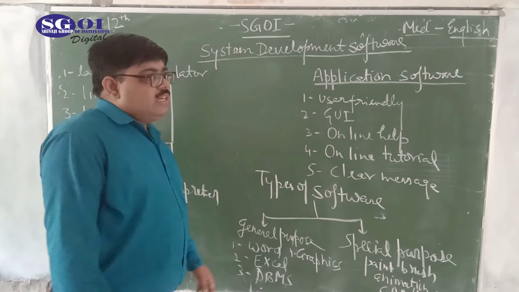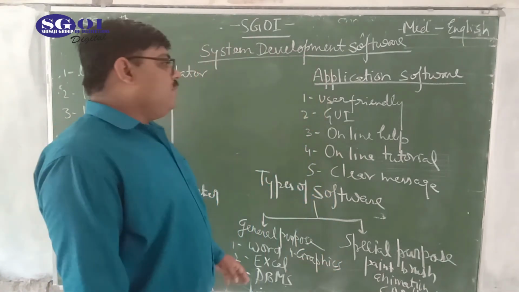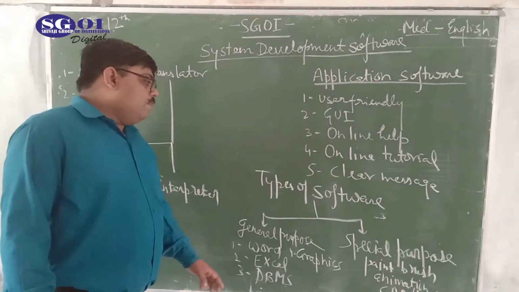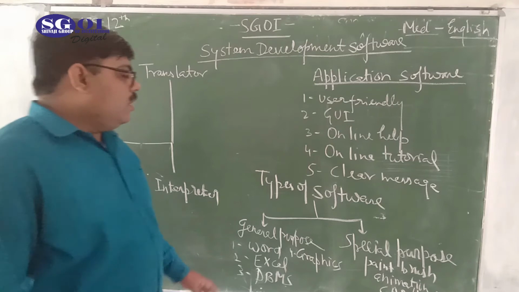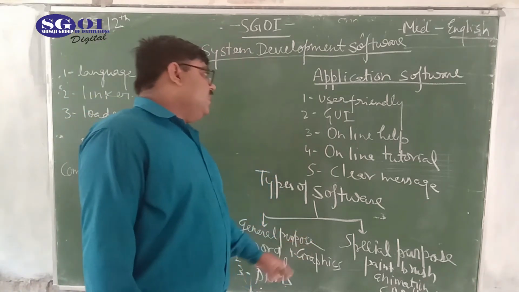And what are DTP software? DTP is desktop publishing software, where you can make brochures, you can make a film, you can make posters with the help of DTP software.